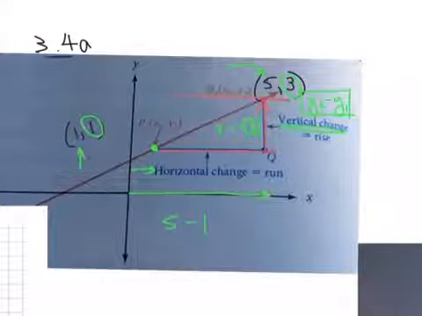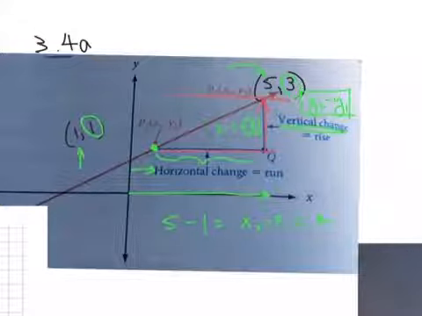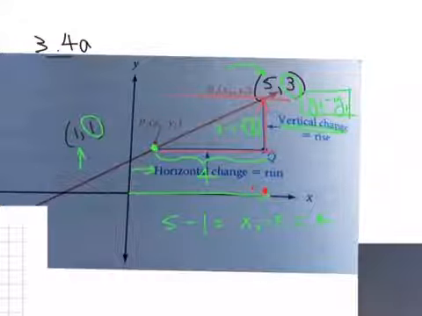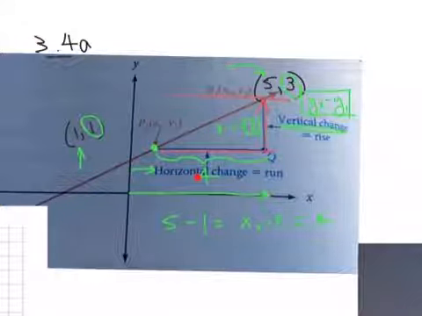So our horizontal change is x2 minus x1, 5 minus 1, is 4. So this length is 4. It took us 5 to get all the way here, and it took us 1 to get here, so the distance between the 1 and the 5 is 4.